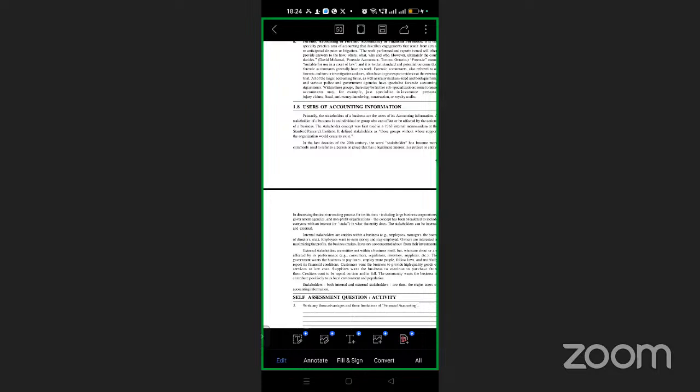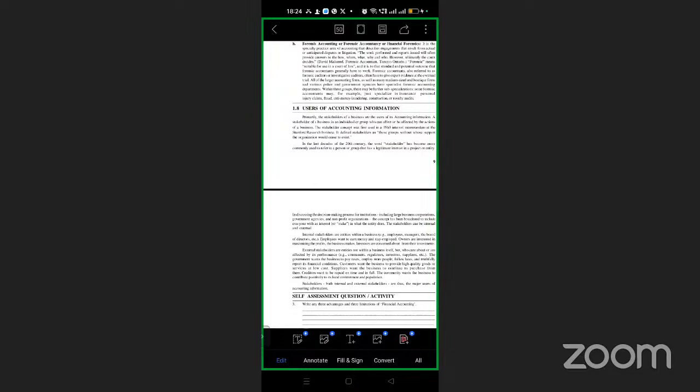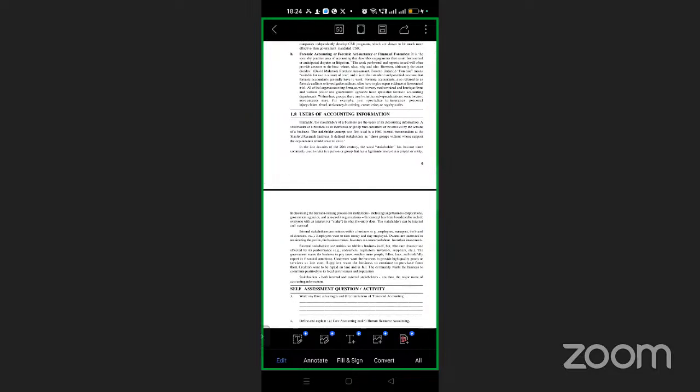Okay, as an owner, I want to know. So for my purpose also, that is the reason I'm preparing the accounts. Apart from the owner, do we have any other people who are interested in financial reports? Yes, we have investors, the people who invest in the organization.